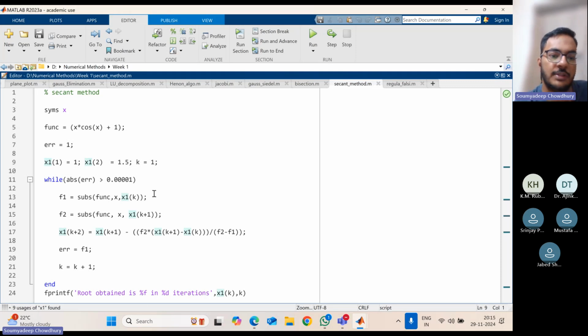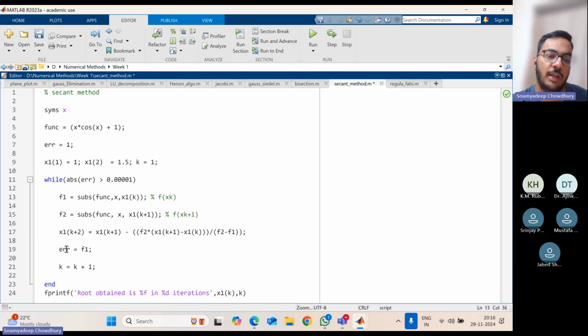Then we substitute f of x_k plus 1 and f of x_k. Then basically x of k plus 2, we are using the iterative formula which we have derived previously: x of k plus 2 is x of k plus 1 minus this f of x_k plus 1 term.